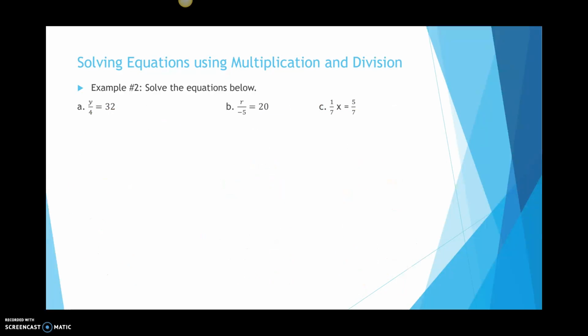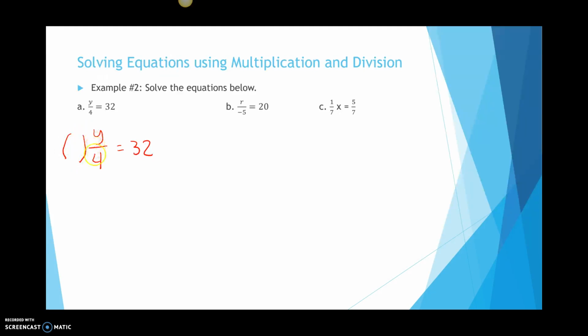Example 2 here, we need to solve these equations. Here we're working with division. So I'm going to rewrite a out here because we have a in front. So we have y over 4 equals 32. We want to solve for y, meaning getting it all by itself, isolating y. So what do we do here? We can multiply by the reciprocal to both sides.